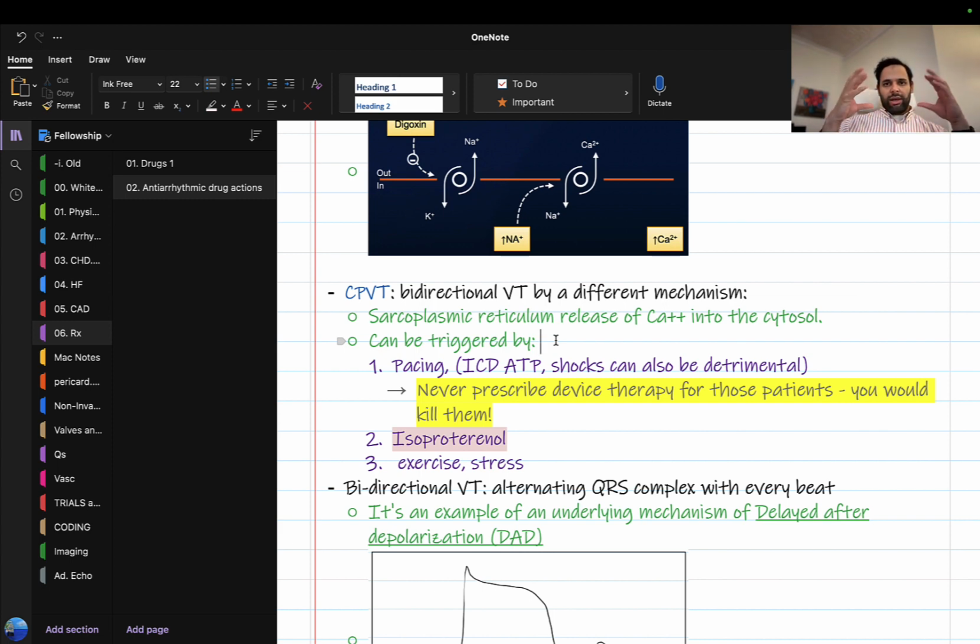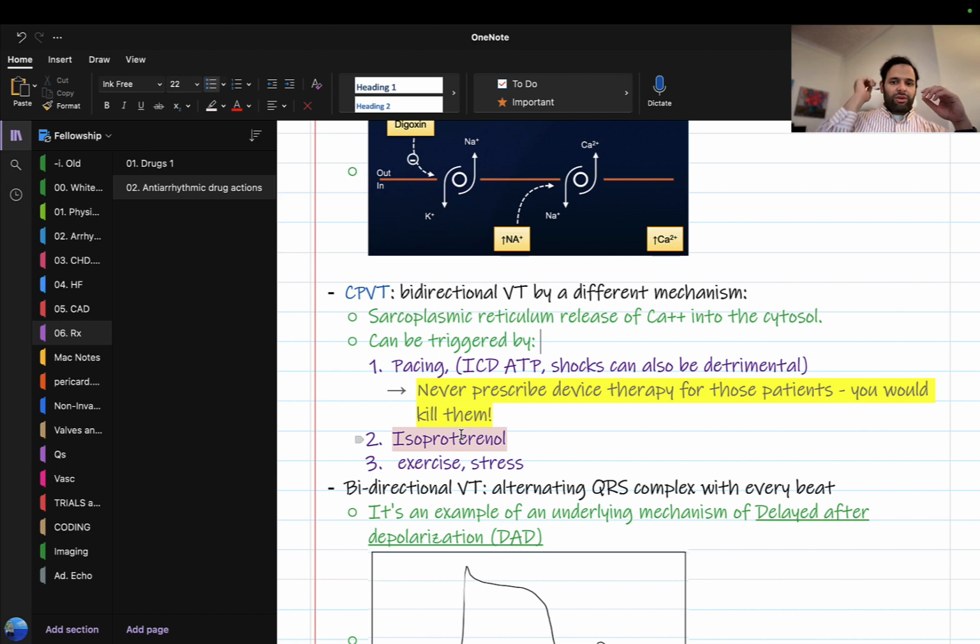Whenever the cardiomyocyte decides, okay, I want to initiate a contraction, it releases more calcium. And if I'm already leaky and already potentiated, and I give an antitachycardia therapy by an ICD, or pace the patient at a faster rate, or even give something like isoproterenol to increase the heart rate, then anytime you increase the heart rate, there is a risk of bidirectional VT.